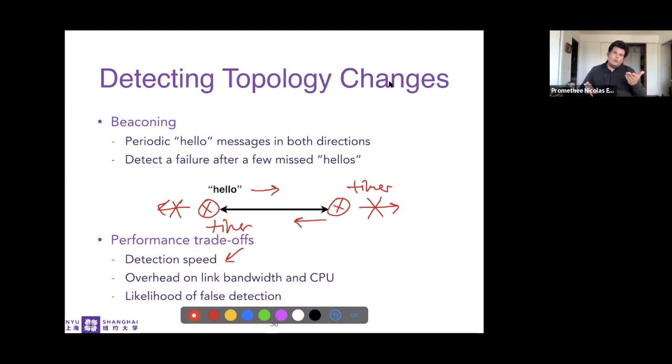So you don't want to increase the number of hello messages too much, but you don't want to decrease them either, because you need to increase the timer in that case, and it's going to take much more time to detect the loss. So there's a trade-off here. And guess what? Nowadays, most of the routers use a default value, but there cannot be a magical value that can fit any scenario.